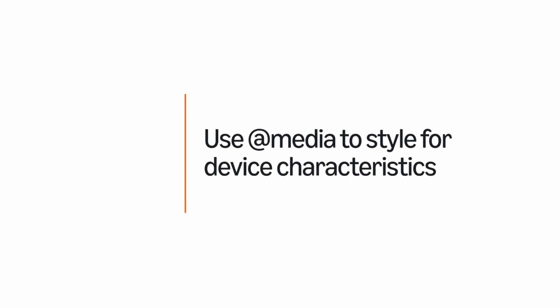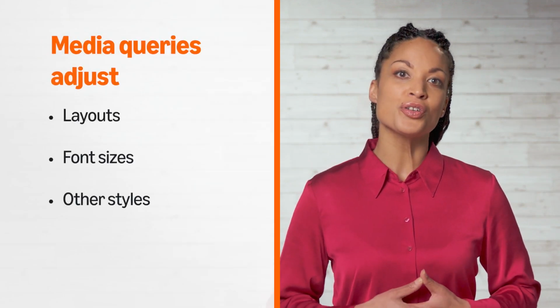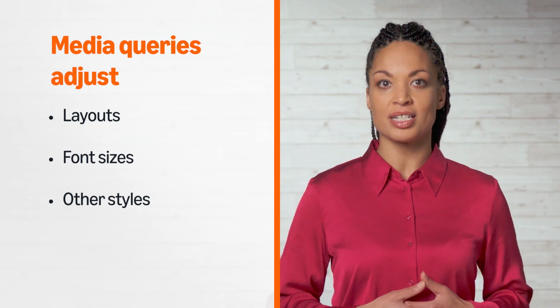They allow you to conditionally apply styles based on device characteristics like screen size, orientation, or resolution using the @media rule. You can adjust layouts, font sizes, and other styles to ensure your site looks polished on every device.